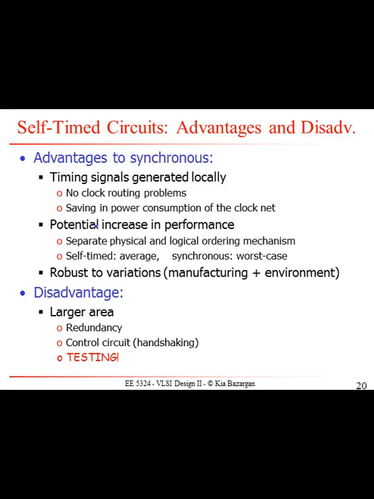And you can potentially get a much bigger increase in performance because now you're dealing with the actual speed that the system needs, as opposed to the worst case scenario, always being paranoid about losing data. And of course, as a side note, techniques such as Razor allow you to speed up the system and not worry about the worst case scenario.